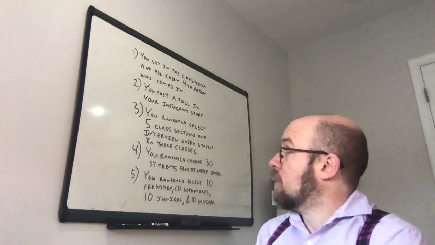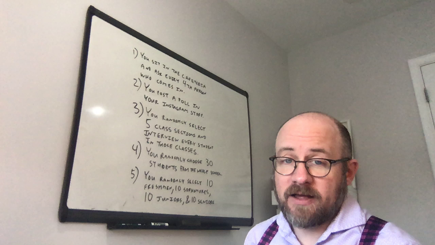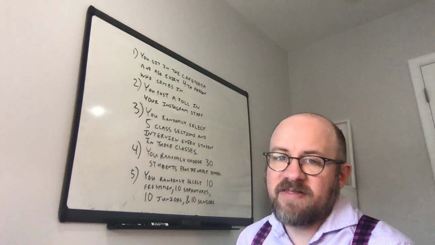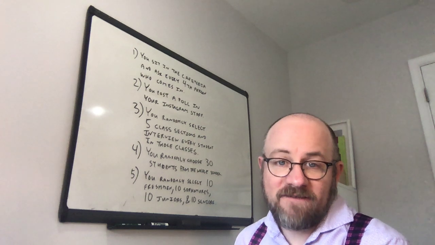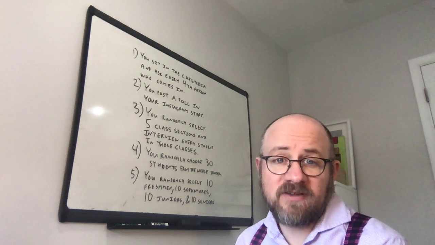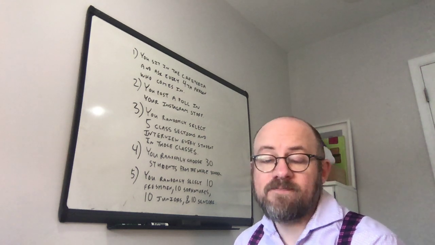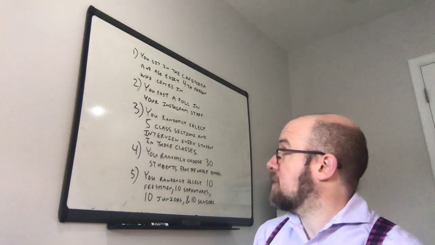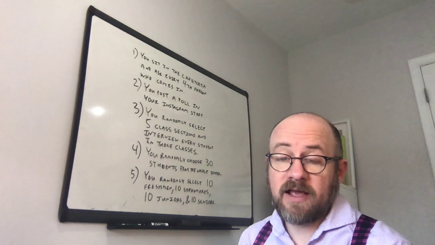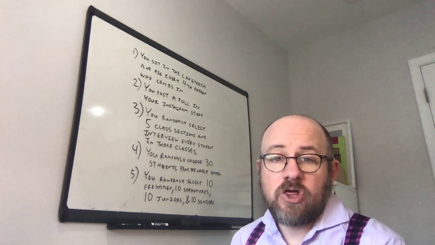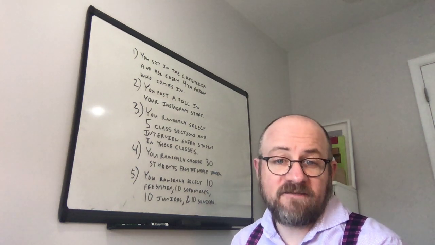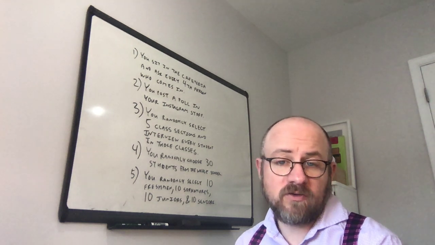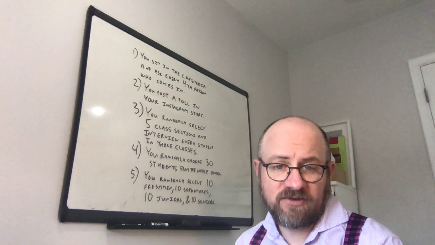Okay? So the first technique, obviously this won't work this semester because nobody's in the cafeteria, but you sit in the cafeteria and you ask every 4th person who comes in what they think. Okay? So that's one way you could do it. You could post a poll in your Instagram story and collect data that way. You could randomly select 5 different class sections and then go and interview every student in those class sections and ask them the question.